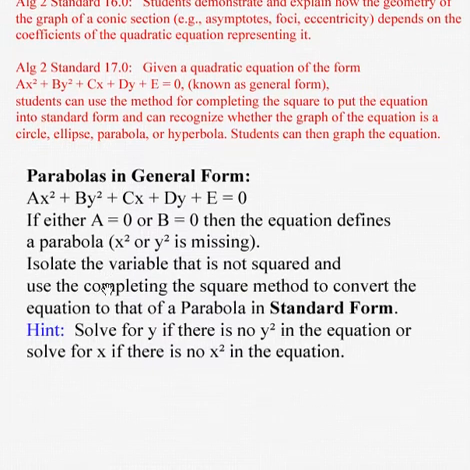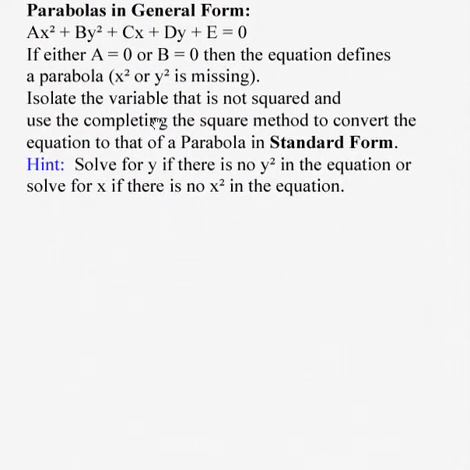And a parabola in general form, and actually all conic sections in general form, look something like starting out with ax squared plus by squared plus cx plus dy plus e equals 0. So you want to make sure that everything is on one side first, and 0 is on the other side. How can you tell whether it's a circle, parabola, ellipse, or hyperbola?